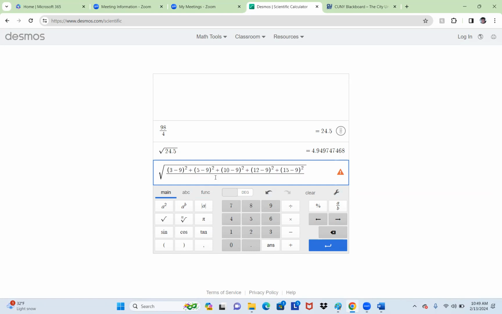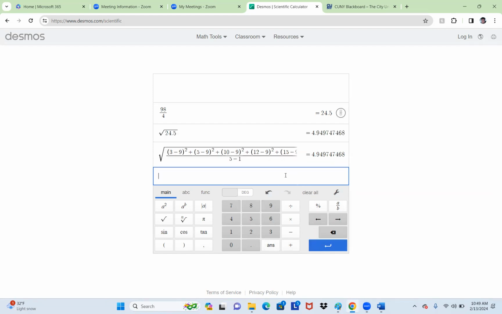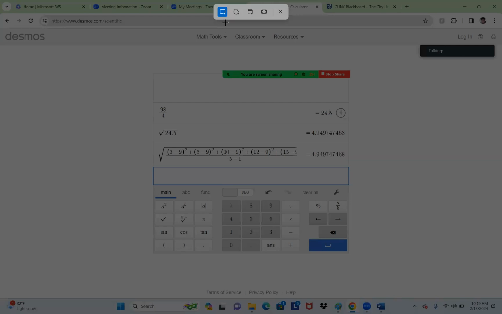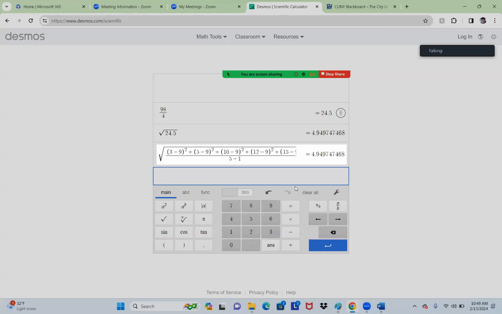And then we just divide by 5 minus 1, which is 4. So we can get the answer, which is 4.9. Are we good? Is that good, people? Yes.